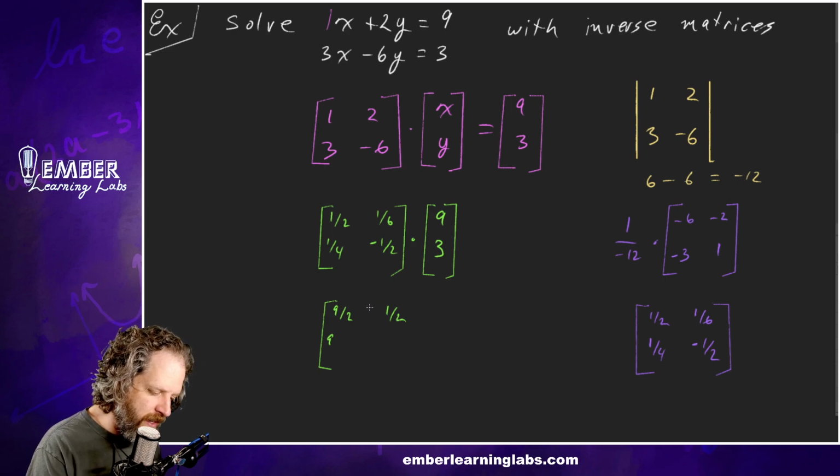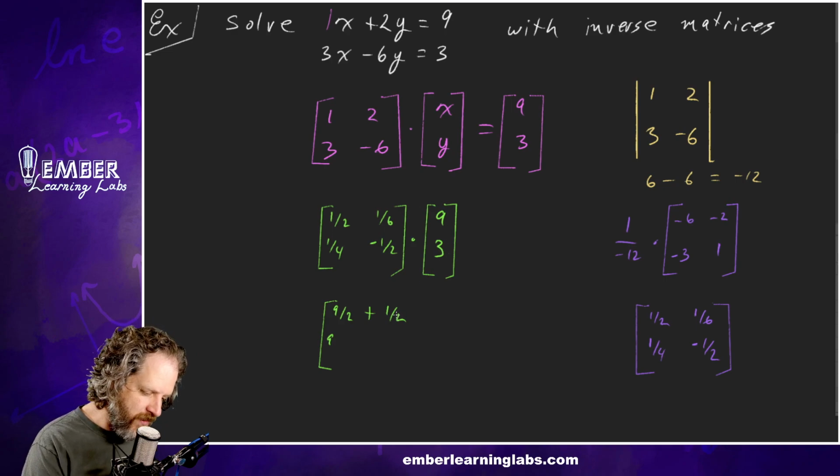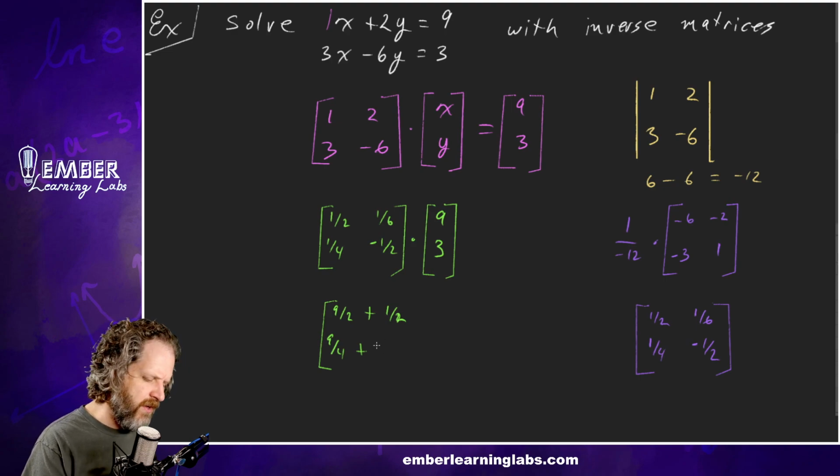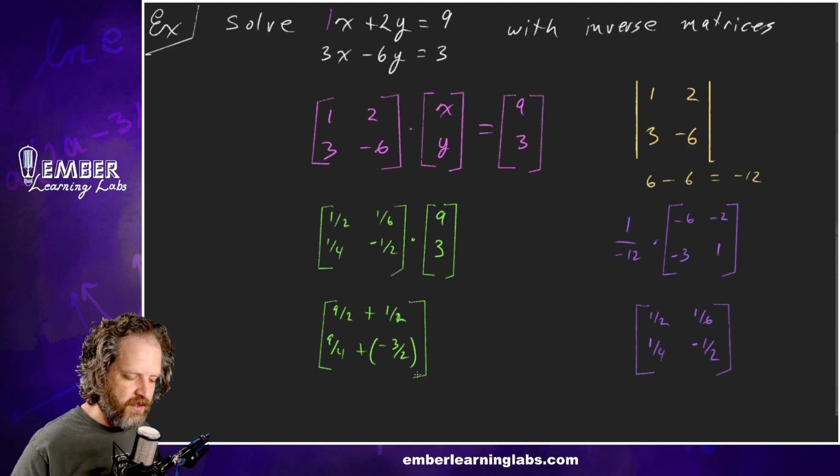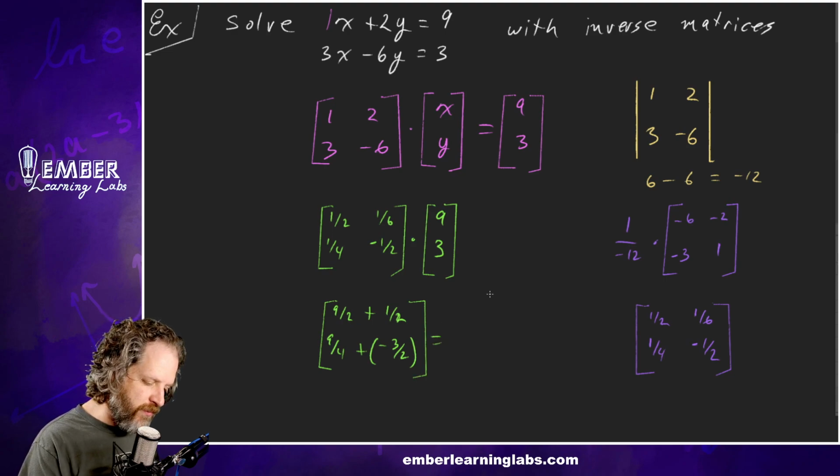This should have a plus right here. 9/4 plus -1/12 times 3, which is -3/12, no, -1/4 times 3, sorry, -3/4... it's the simple stuff. Okay, so 9/2 plus 1/2 equals 10/2, which is 5. So x equals 5. Look at that.